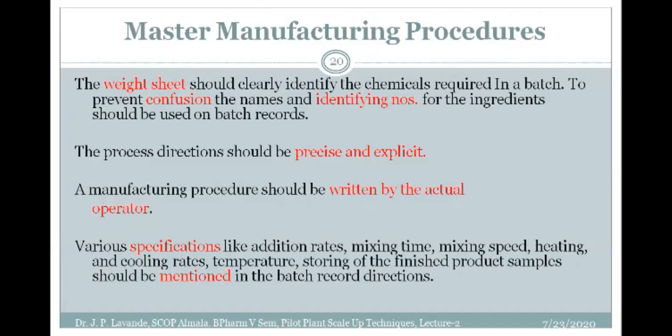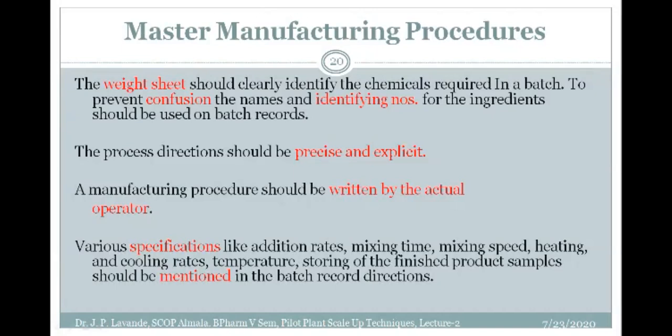To prevent confusion, the names and identifying numbers for the ingredients should be used on a batch record. Because say 1, 2, 3, 4, 5, that means very specifically a particular ingredient that will be understood.